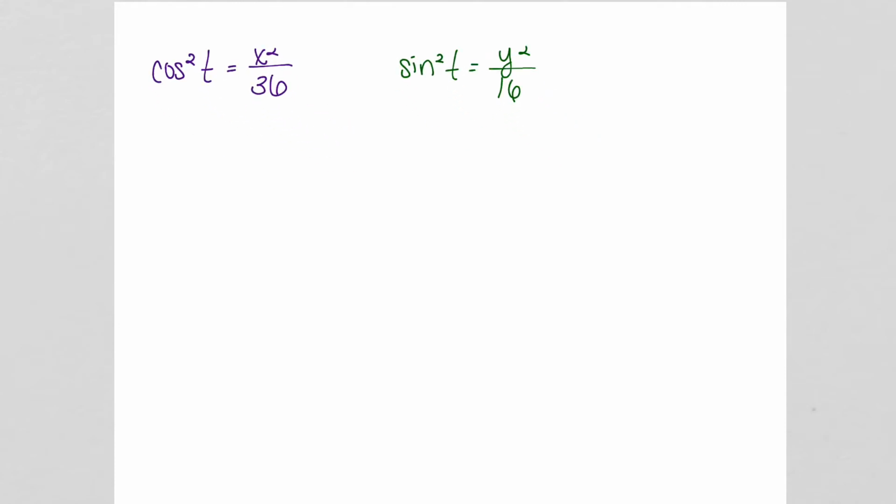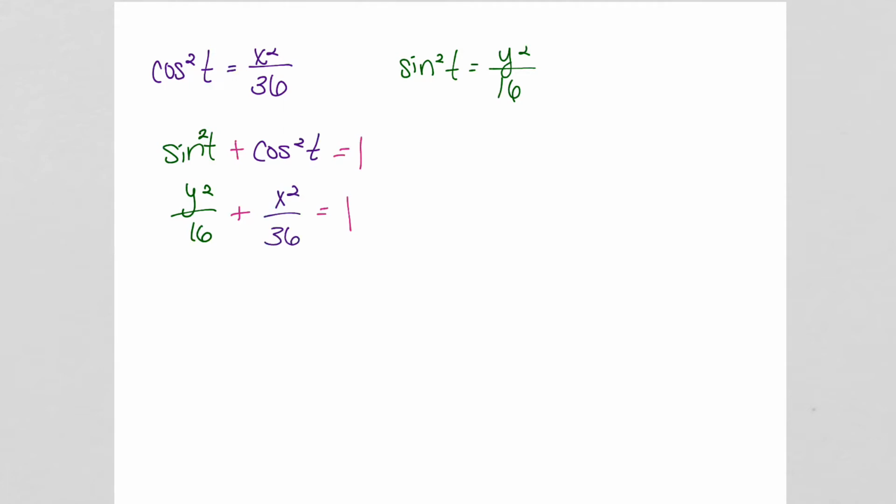Now we can write our Pythagorean identity, where we know that sine squared plus cosine squared equals 1. And so we're just going to plug in what we've solved for sine and cosine. So sine squared was y squared over 16, and cosine squared was x squared over 36.